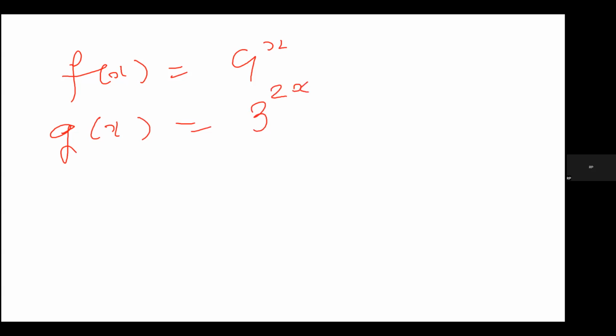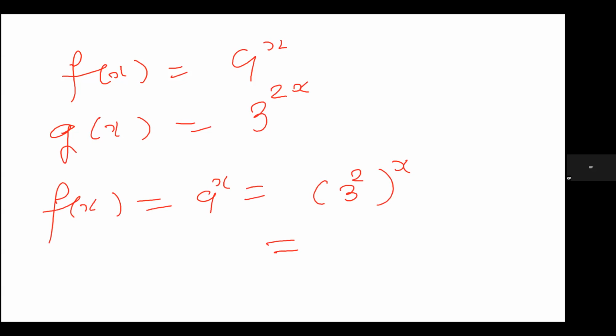So the function 9 power x, you can write 9 as 3 power 2, so (3 power 2) power x is 3 power 2 into x. So this is the same as g(x). So sometimes functions look different, but they are the same. So both functions are the same. You can graph them also and find out.